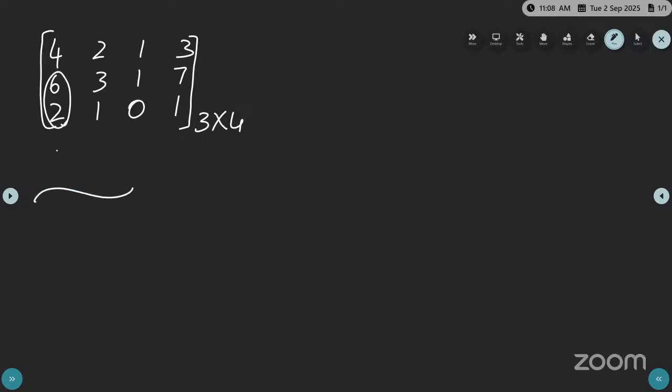In order to find the rank, convert that into upper triangular form. In the first step, using the first row element, make these two as zeros. How you can do that?